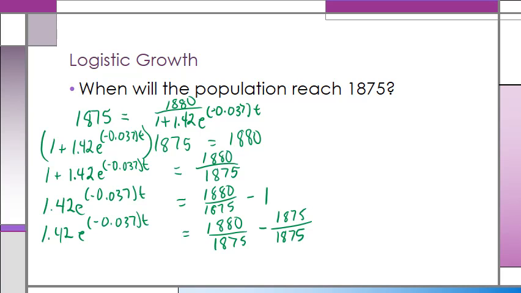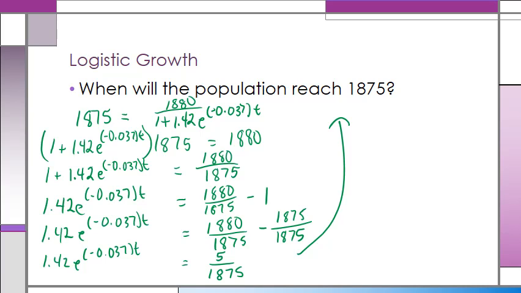That is, in fact, 1. And then that's going to leave me with 1.42e raised to the negative 0.037t equals 5 over 1875. We'll move our calculation up here.